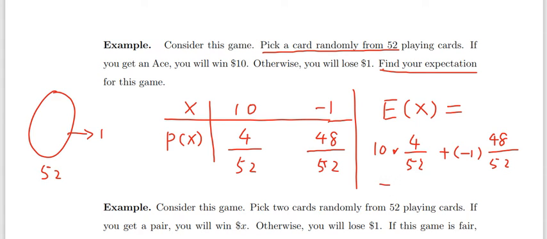So this is 40 and here's negative 48. So we find this equals negative 8 over 52. So this is less than 0. So the expectation is negative 8 over 52.